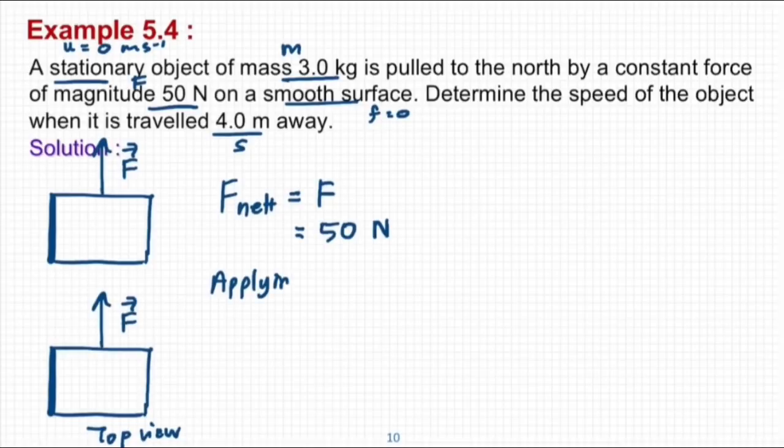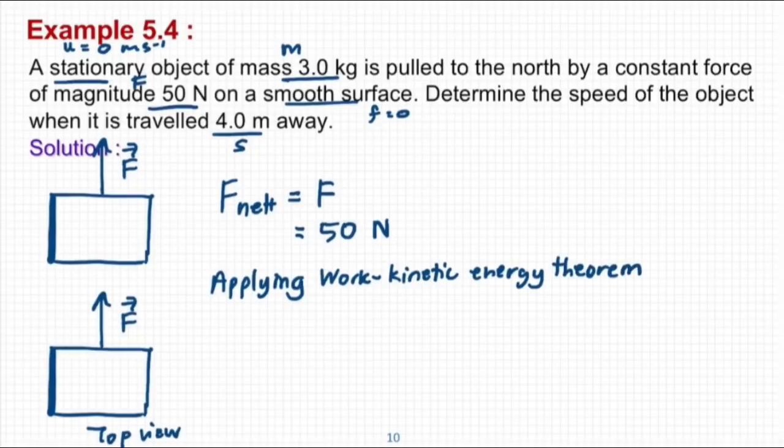And then we want to find v, the speed, so we have to use the work kinetic energy theorem, because from the formula of kinetic energy we can get the speed. So applying the work kinetic energy theorem, in which W net is equal to delta K, and delta K is Kf minus Ki.